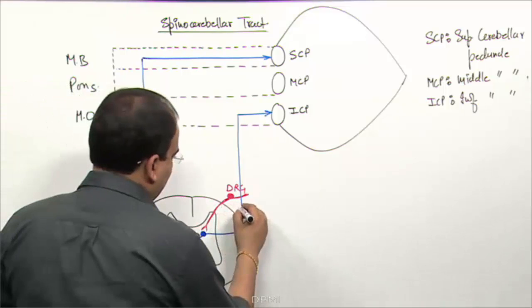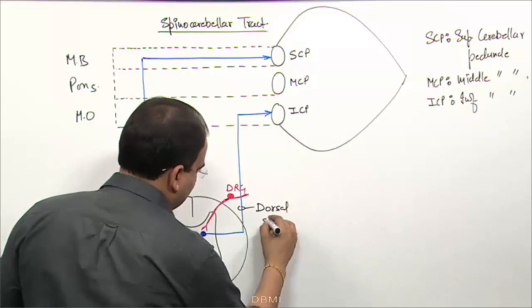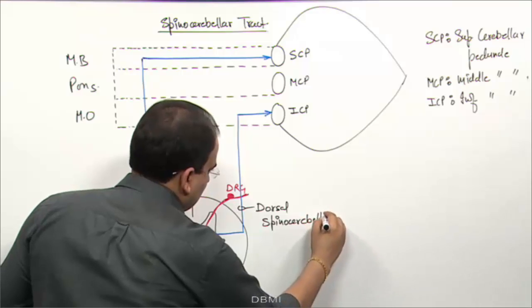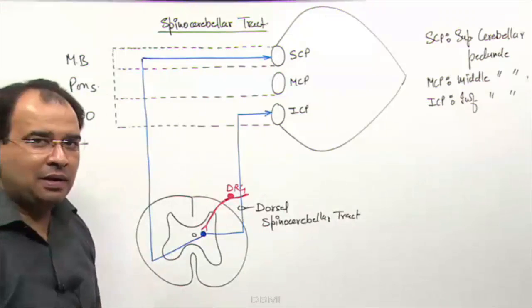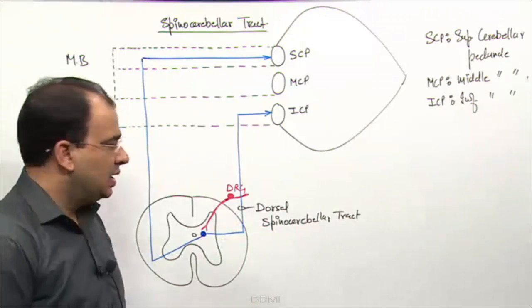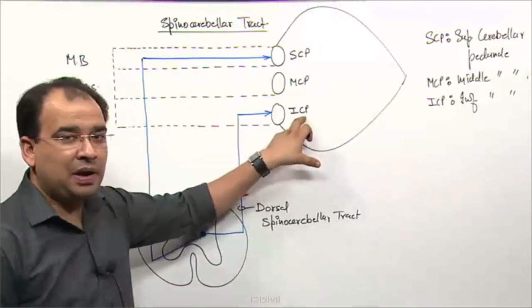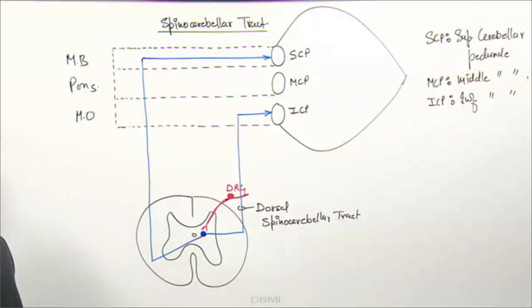Now this one here is called the dorsal spinocerebellar tract. We had two spinocerebellar tracts, dorsal and ventral. That's the difference. The one which runs on the same side and enters through the inferior cerebellar peduncle, that's the important information, is called the dorsal spinocerebellar tract.